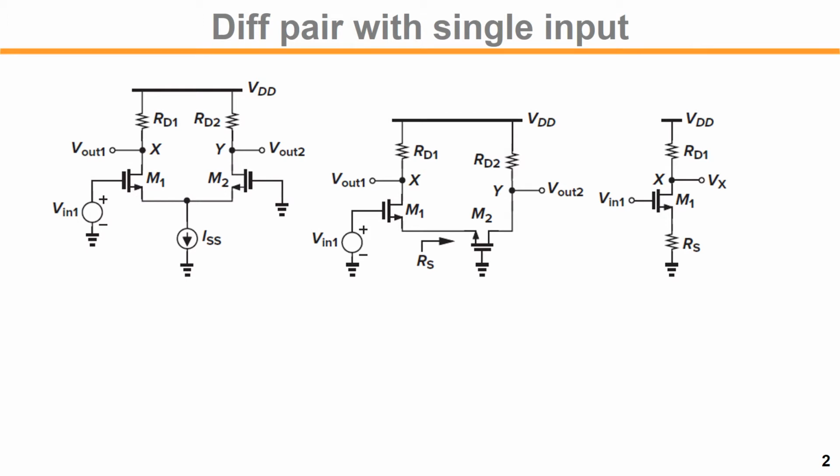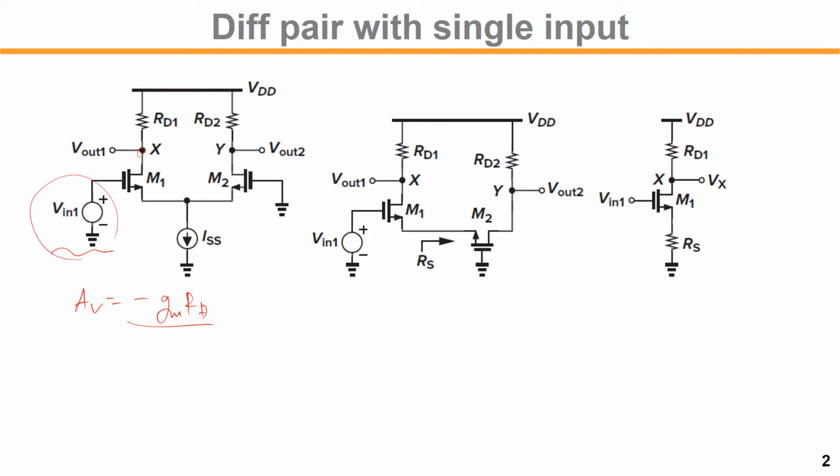So even with the single input, Av can be found as minus gm RD, same as the previous example, the fully balanced input variation. We get the same gain.